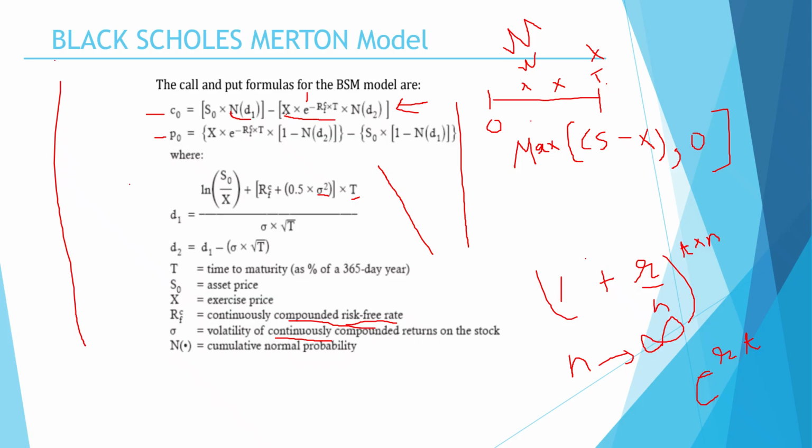Now I will explain what N(d1) and N(d2) are. N(d1) and N(d2) are cumulative probabilities. And what we are doing here is taking a weighted average using these cumulative probabilities to find the price of the call option.